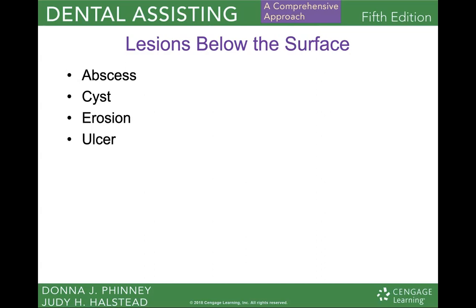A cyst is a fluid or semi-solid filled sac. The causes of cysts are numerous, and in dentistry, they normally occur as a result of a duct leaking from a fluid-forming gland becoming blocked. Cysts can develop around the crown of an undeveloped tooth prior to eruption.